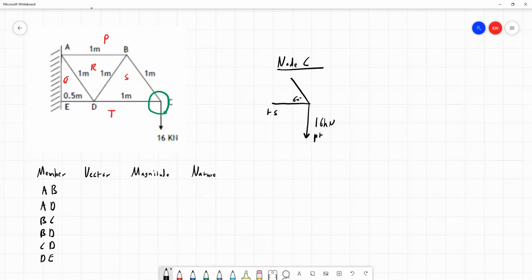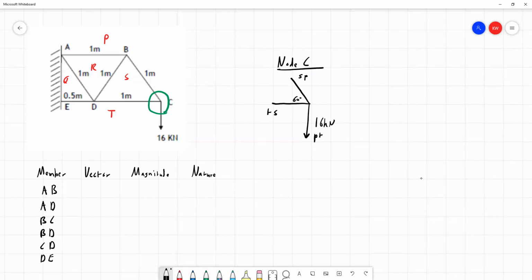Our final vector, which corresponds to the member BC, is between the spaces S and P. So we make this one SP. And so we can see we've got PT, TS, SP, they all follow on from one another, which is what we're looking for when we're drawing our vector diagram.